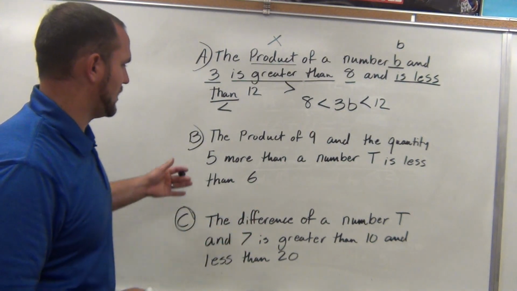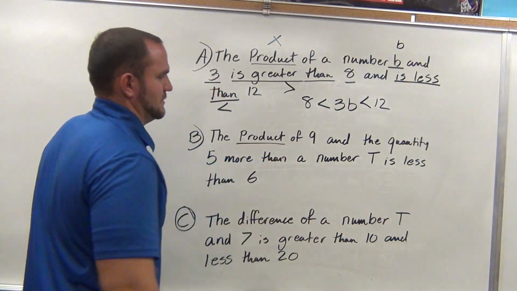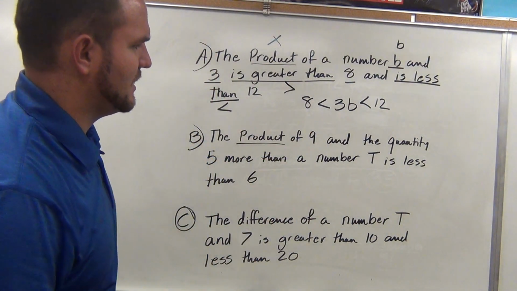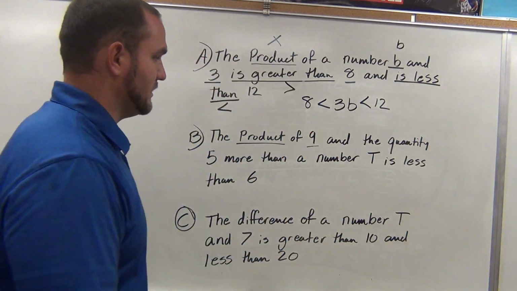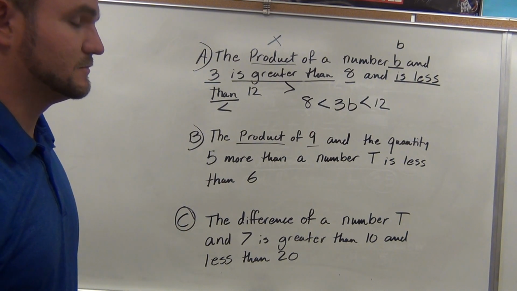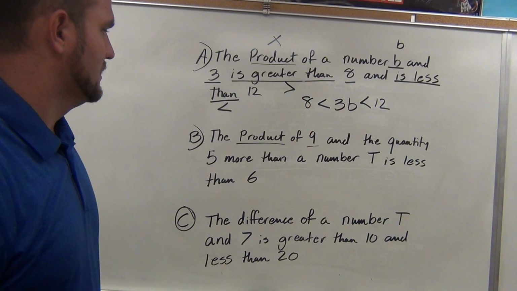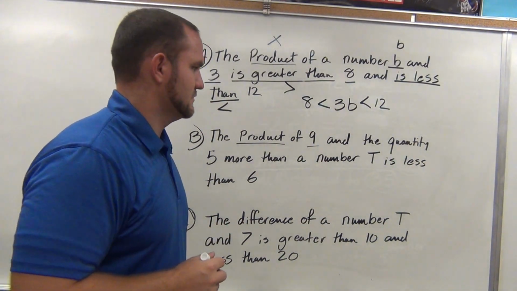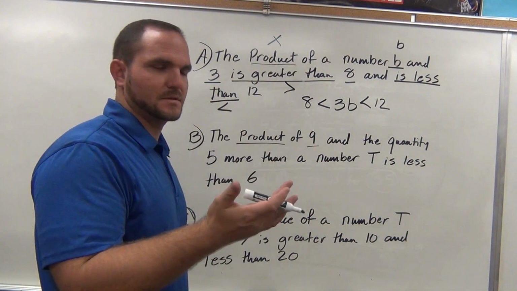So let's go to problem B. The product, oh, we got another product problem, of 9 and the quantity 5 more than a number, t, is less than 6. So the product is multiplication. So the product of 9, so 9 times what?